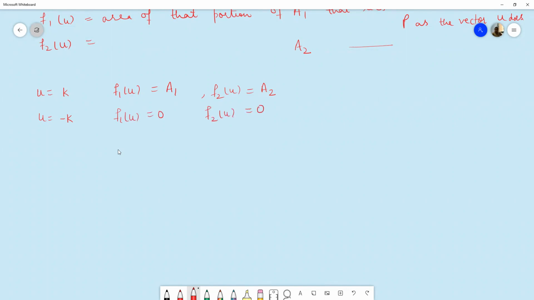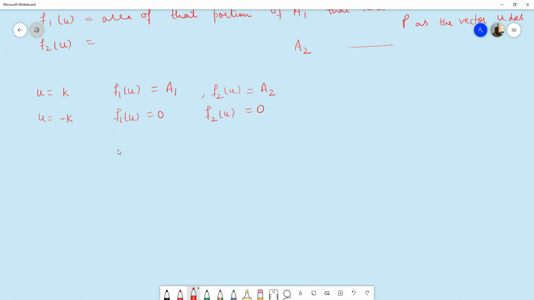And in all other cases, if U is not equal to K as well as not equal to minus K, for all other points U of S2, this plane P will intersect the plane R2 cross 1, because only in the cases U equal to K and U equal to minus K, the plane P will be the XY plane, which is parallel to the plane R2 cross 1.